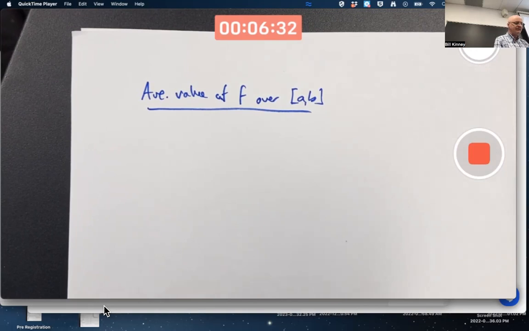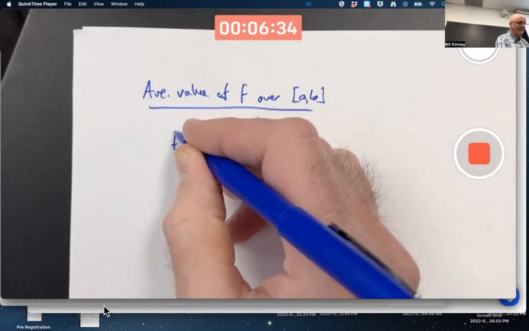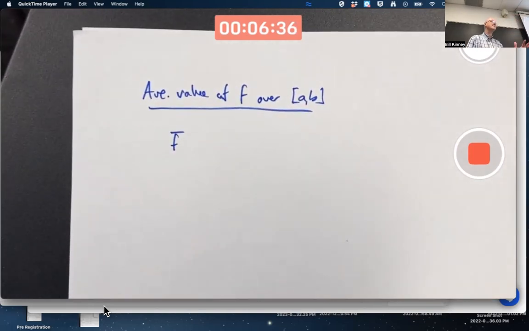Different kinds of symbols people use for it. Maybe f bar. Maybe if you know some statistics, you know that x bar represents the average or mean of data values. So f bar could represent the average or mean of a function.